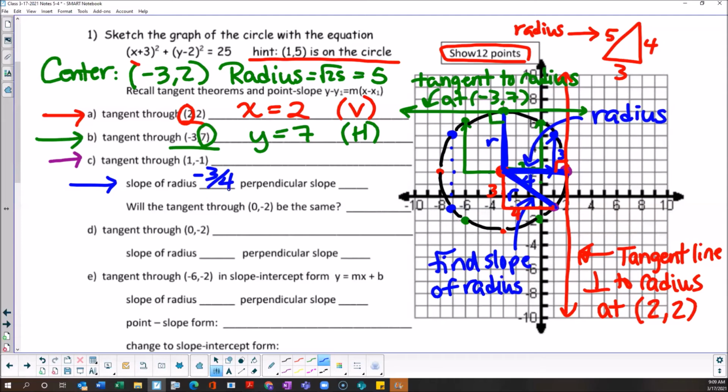And remember the perpendicular slope, we have to flip the sign. It's -1 over m. You can write it like that to help remember, if that doesn't confuse you. The perpendicular slope would be, change the sign, we get positive 4 over 3. Right? Yes.